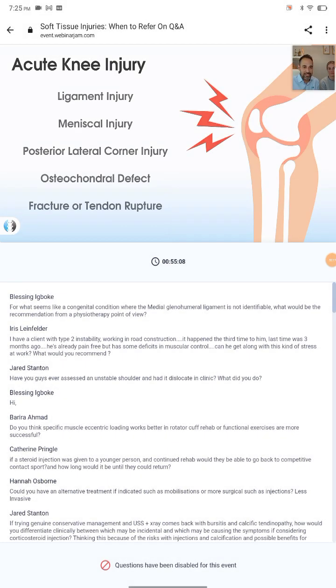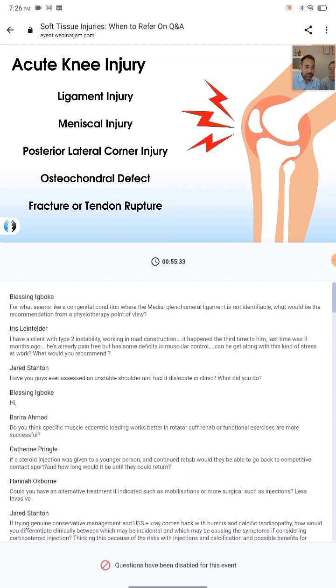So first of all, what kind of pathologies are we looking out for? We might be thinking about ligament injuries, ACL, MCL, LCL, PCL, meniscal injuries, posterior lateral corner injury. So that's, as you can imagine, the posterior and lateral corner of the knee, which can also be affected by twisting injuries.